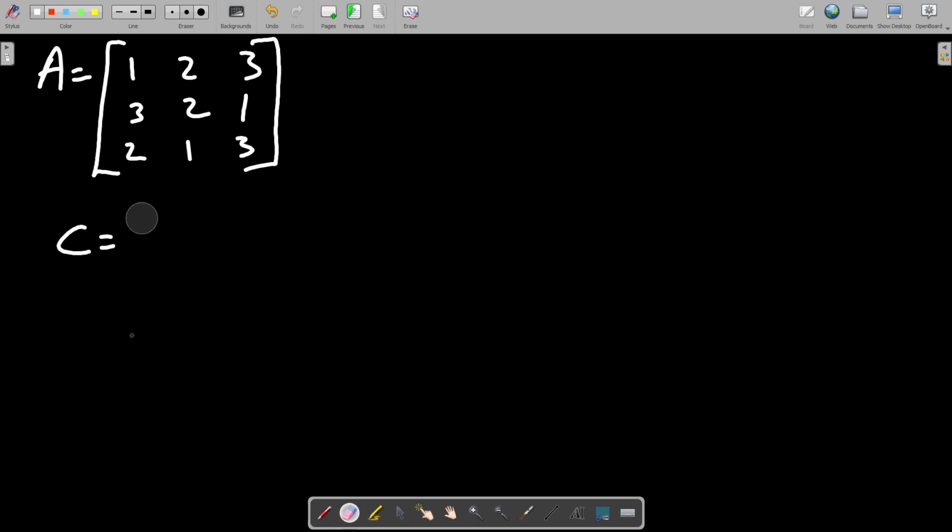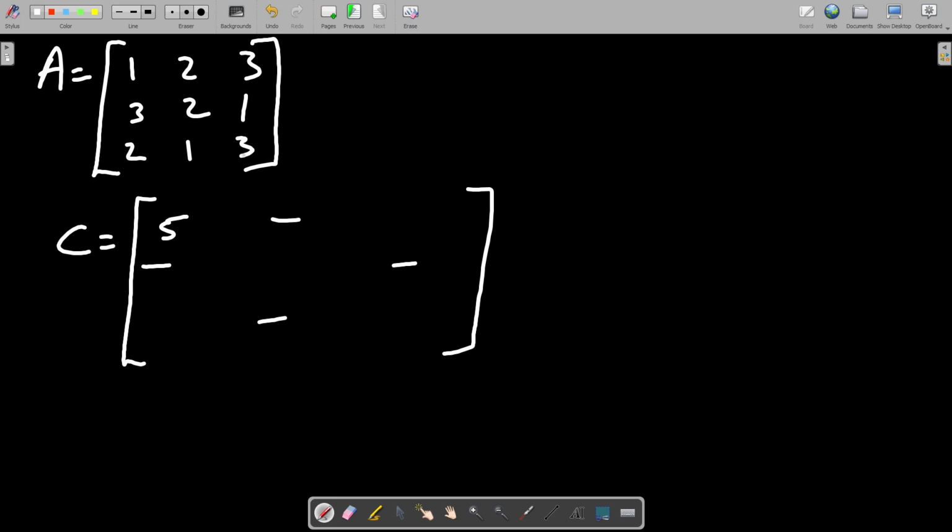Okay, I have to make them sit inside over there and I have to just adjust the signs, right? So it's minus here, minus here, minus here, and minus here. Okay, so let us start here. The minor corresponding to this entry will be 2 into 3 minus 1 into 1, that is 6 minus 1, that is going to be 5. Right?